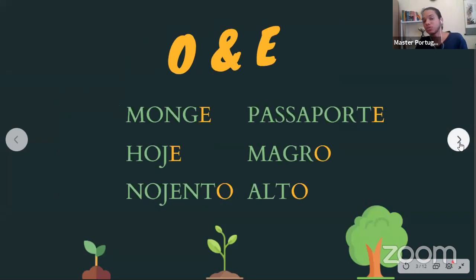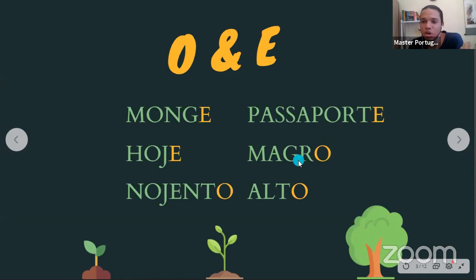And also we've got O and E at the end of words. I want you to pay attention to this, because when O and E come at the end of a word, it's not pronounced as O, E. It's pronounced as U, I. For example, monge is written with E, but it's pronounced with I. Passaporte, written with E, pronounced with I. Hoje, magro.